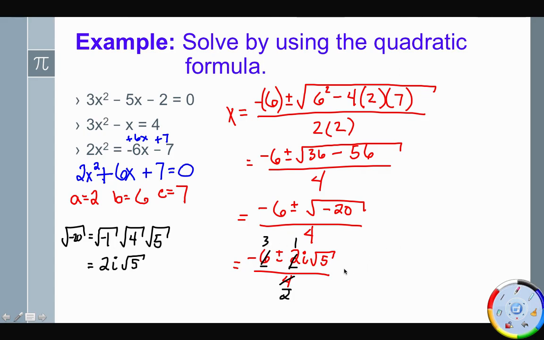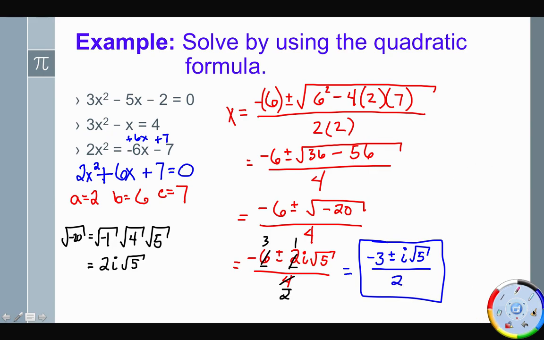And I get a final answer of negative 3 plus or minus i radical 5 all over 2. And there we get two answers. We get negative 3 plus i root 5 and negative 3 minus i root 5 over 2 on both of those.